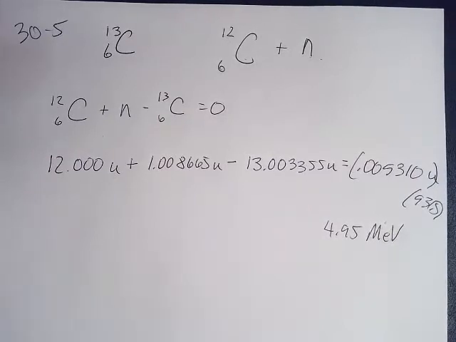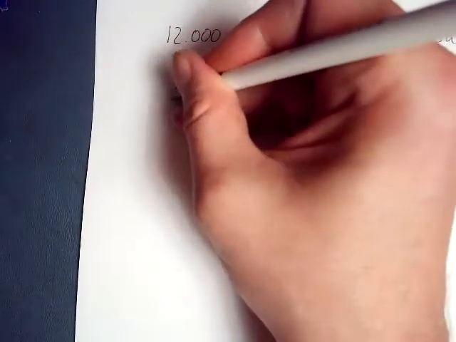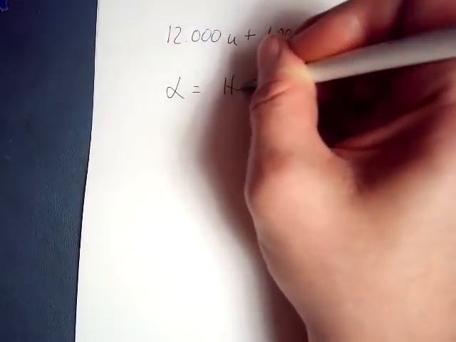Okay, let's see what's next. 30-6. There's no homework based on 30-6. So you would do the same thing, but for uranium, and I'll just say here an alpha particle is a helium-4 nucleus.